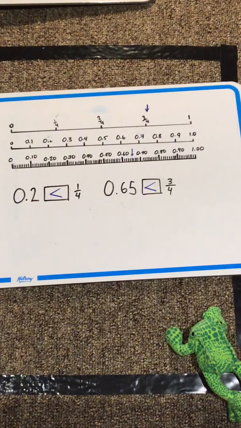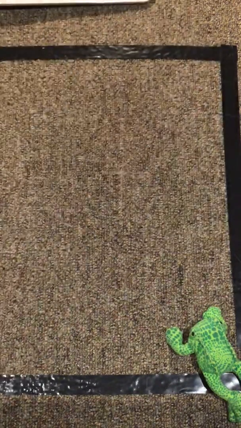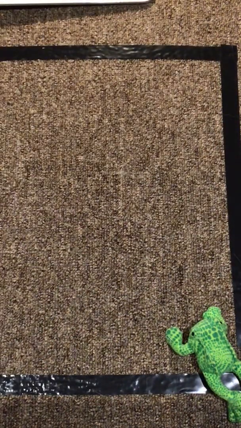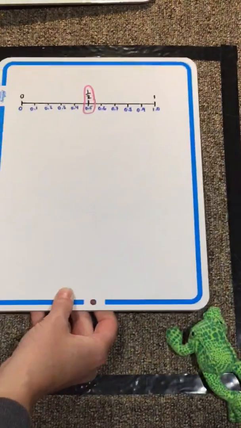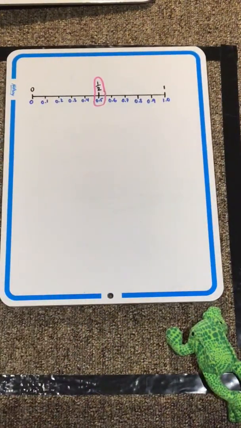That works just fine. Now what if we want to compare a fraction and a decimal, but we don't have a number line? Or our number line doesn't have the right stuff on it. We, first of all, then have to use our smarts to turn the fraction into a decimal, right?